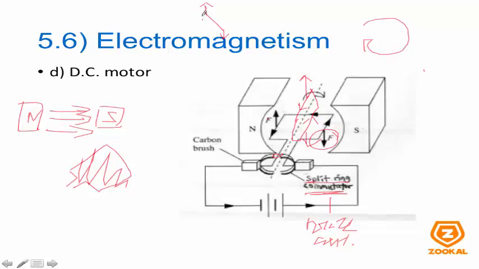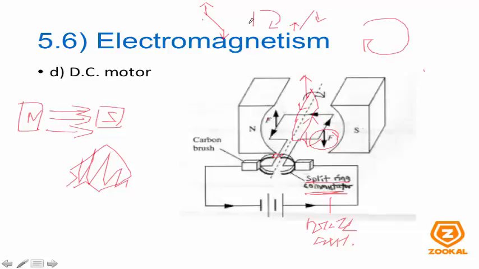The force is applying this way. At this position there's no force acting on it, but because of the moment previously, it will continue to rotate until this position, where the current would change sides because it's a split ring. So the currents change side, and you will experience a force in this direction, and it will continue rotating.